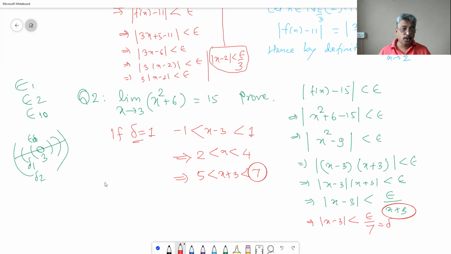And therefore in the proof, the first statement is let epsilon greater than 0 be given.